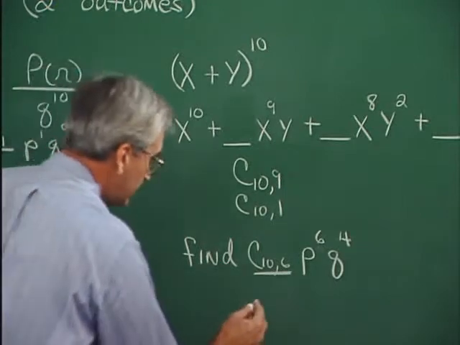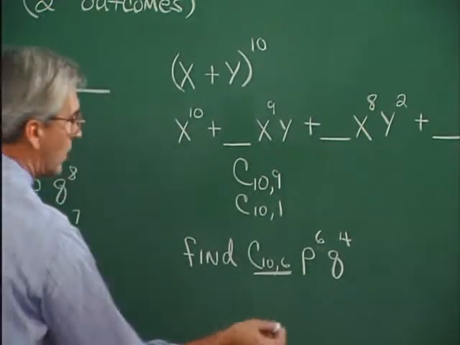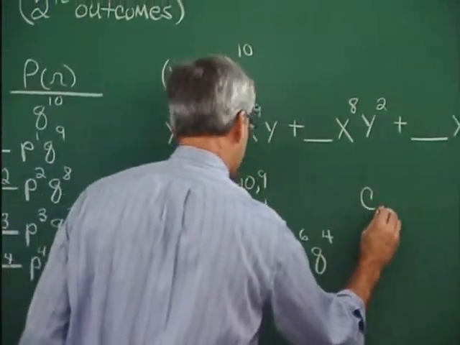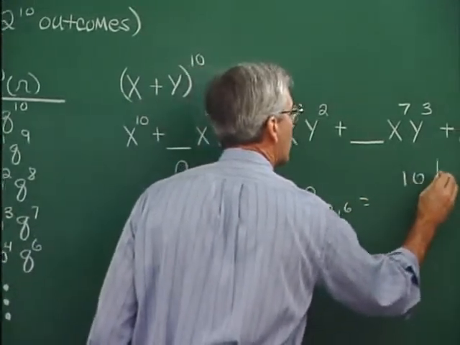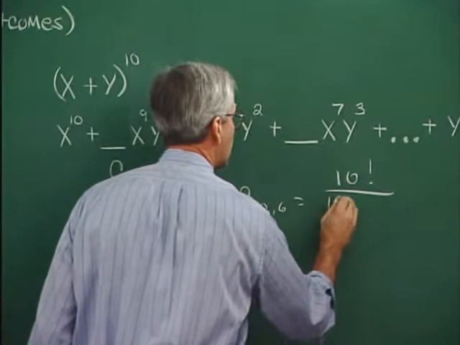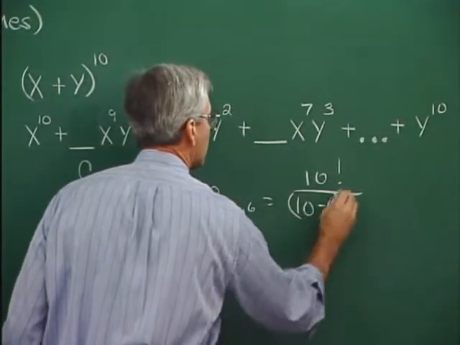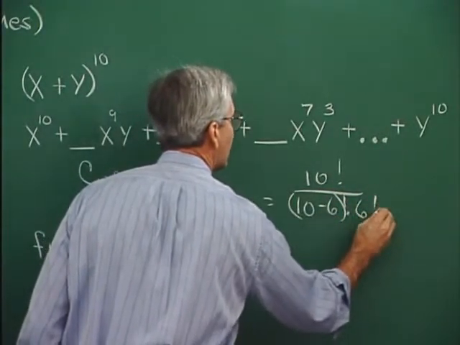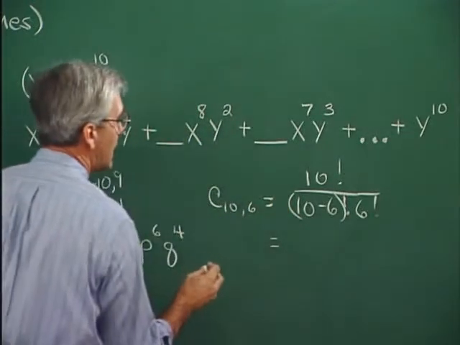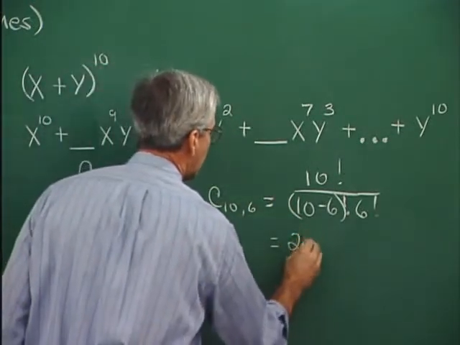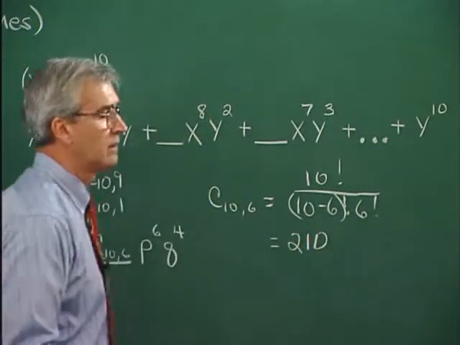And that combination, if you recall, is 10 factorial over 10 minus 6 factorial times 6 factorial. By doing it by hand or punching it into the calculator, it turns out to be 210.